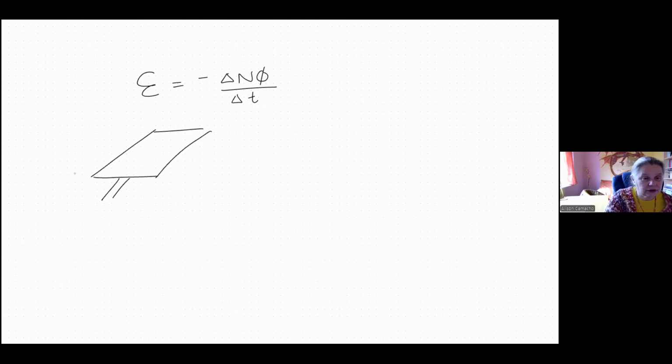Okay. I'm not going to prove this to you. But if you've got a coil, I mean, it happened to be a round one, but quite often they're drawn as square coils, aren't they? Like this. Between 2 poles of a magnet.